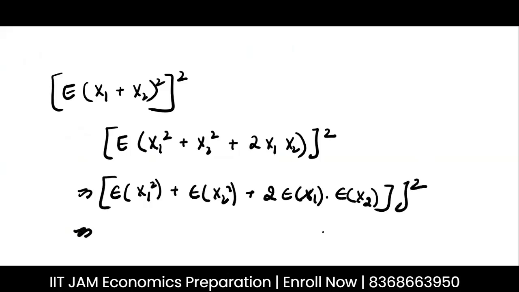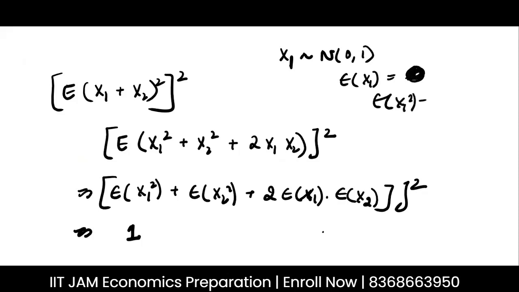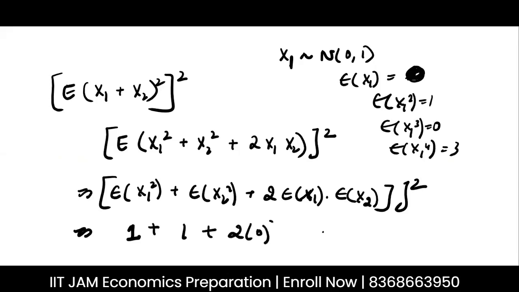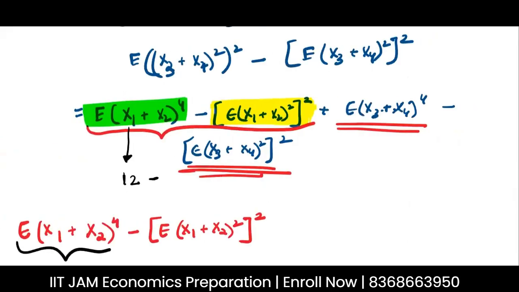I just told you that any variable which is standard normally distributed has E of x1 as 0, E of x1 square as 1, E of x1 cube as 0, E of x1 to the power 4 as 3. So 1 plus 1 plus 2 into 0 whole square. So this will be 2 square, which would be 4. So this is going to be minus 4.